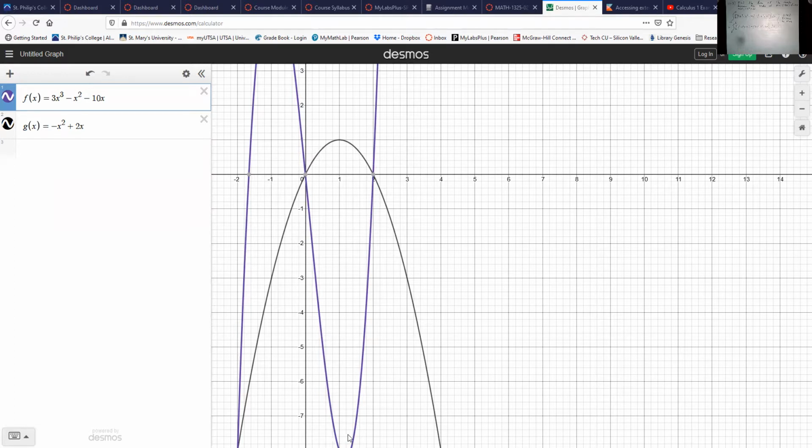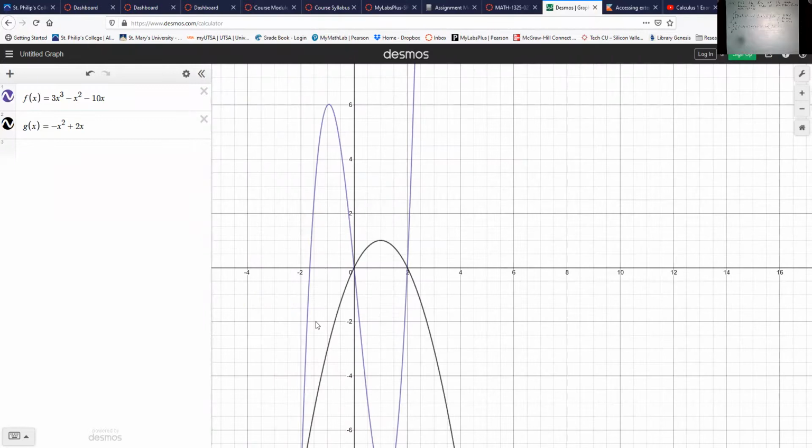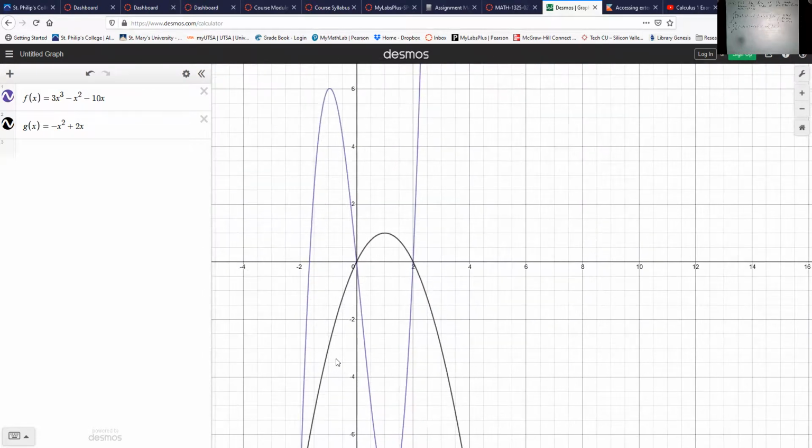Bottom part is this cubic. So I'm finding this area. That's why. And then vice versa, the other one we had this area. So the top is the cubic, right? Okay. That's it.